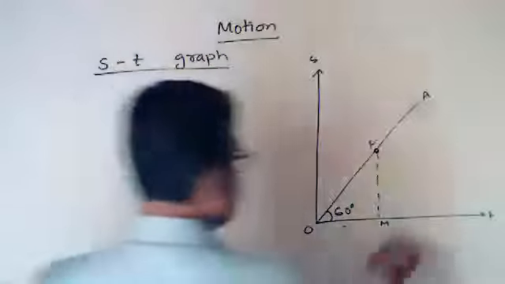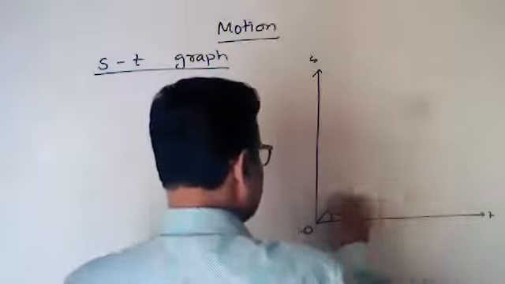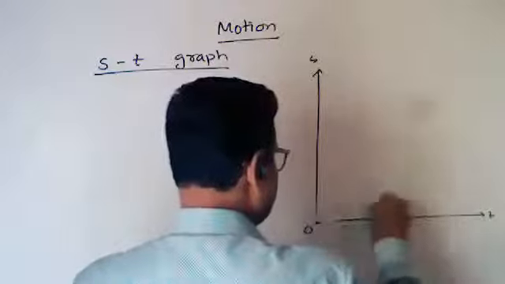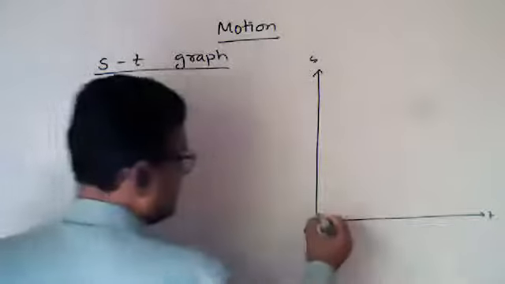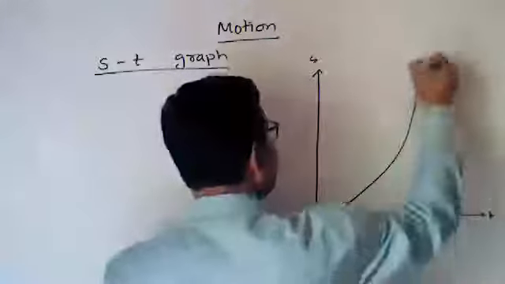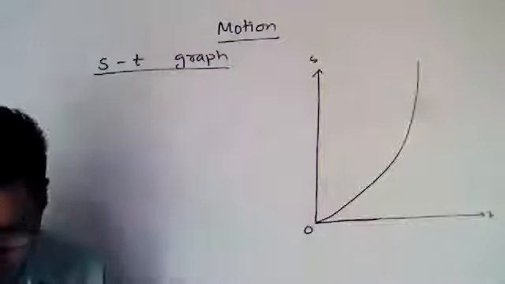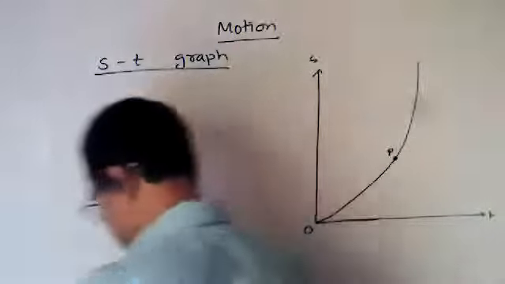If the body does not move with uniform velocity, that is, the distance traveled is not constant in a definite time, then the graph will look like this. How can we determine the velocity at this point?